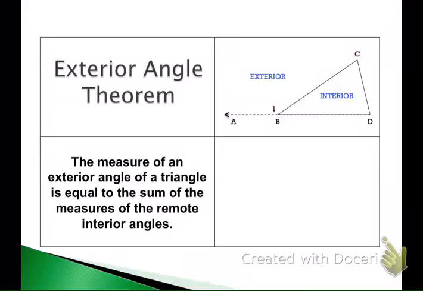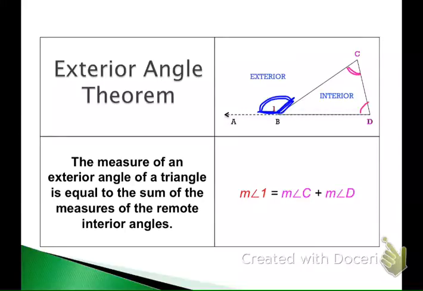Now, I know this is kind of wordy and can be confusing at first, but this is all that it means, okay? It means that if I take this exterior angle that I have right here, this one adds up to be the same amount as the two remote interior ones, which were, remember, these ones over here, this one, and then this one, right?